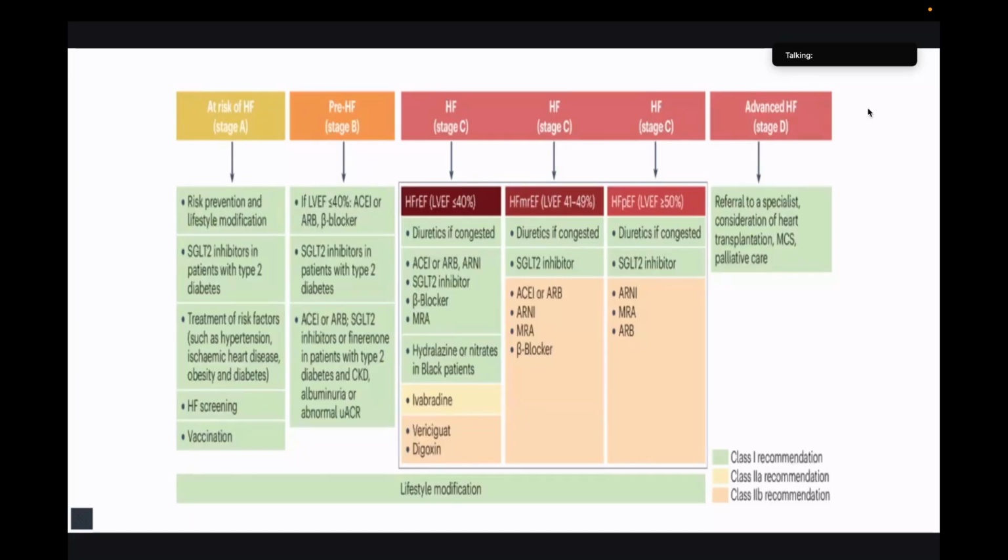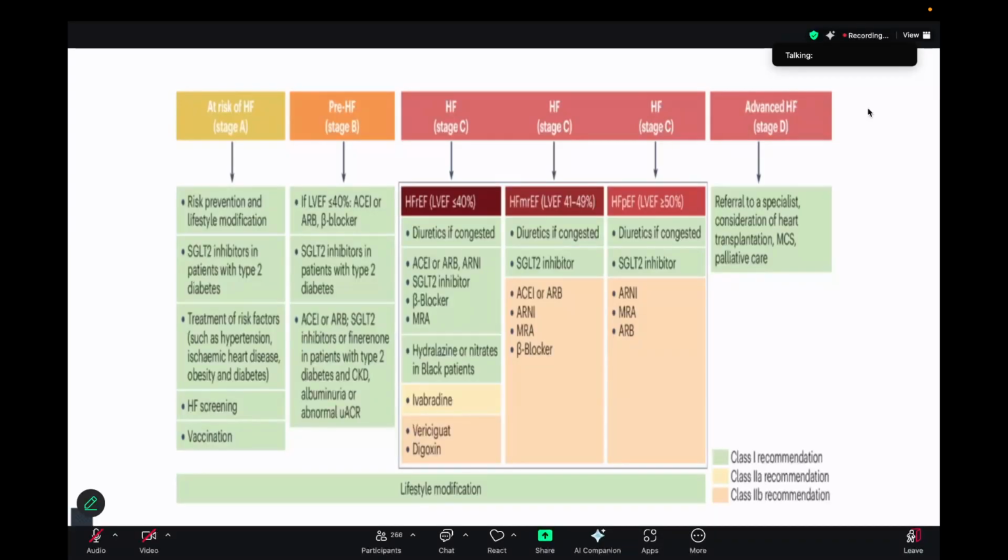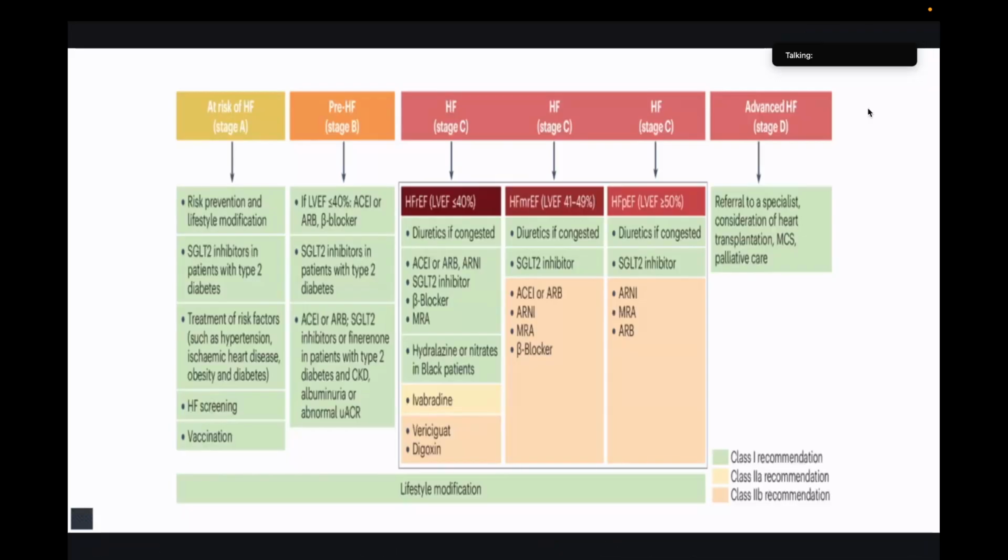While in stage D, in those with advanced heart failure, basically they will require salvage therapy, which includes heart transplant, mechanical circulatory support such as the LV assist device, or these patients are now for palliative care.